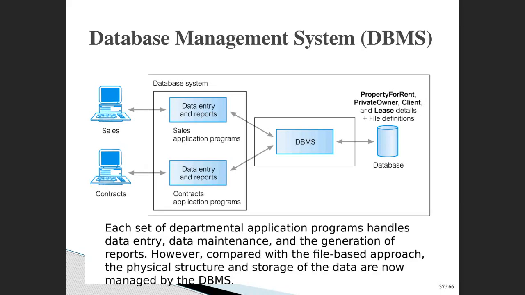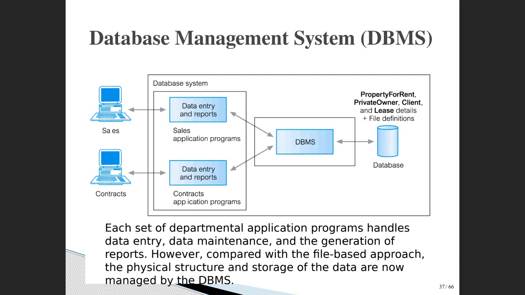So you can see in this figure how the database management system will be provided to different departments. You remember that in the file-based system, there was a separate entry for each department. But in this system, it's more centralized.